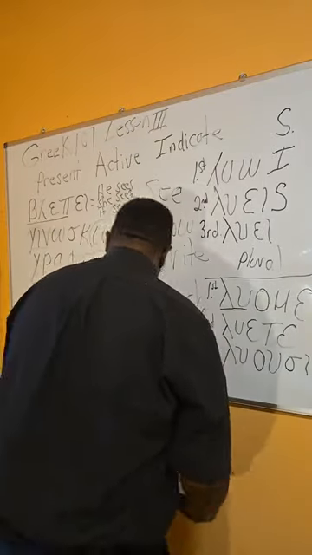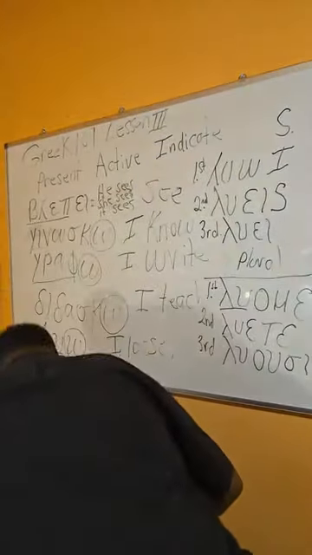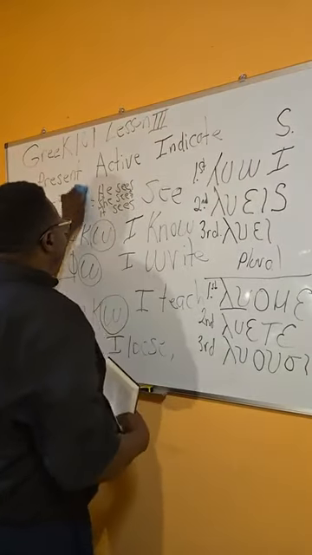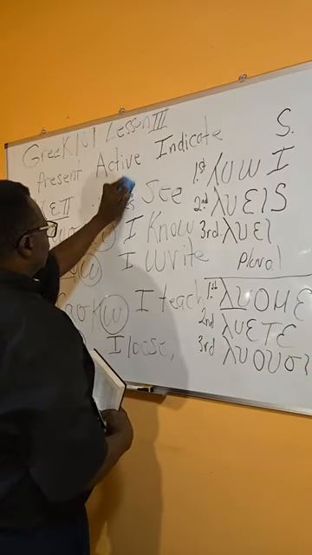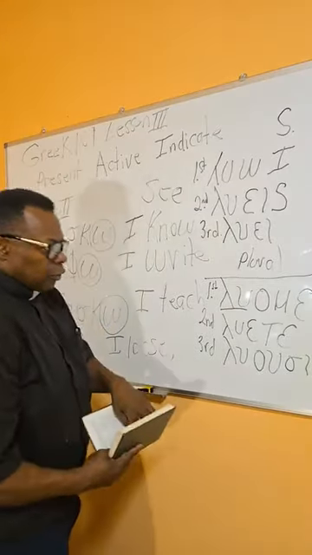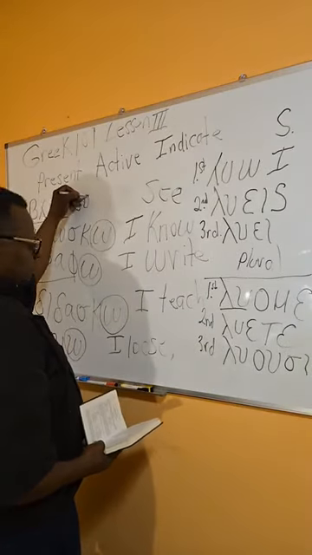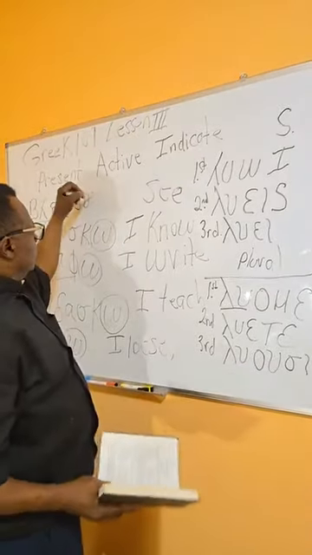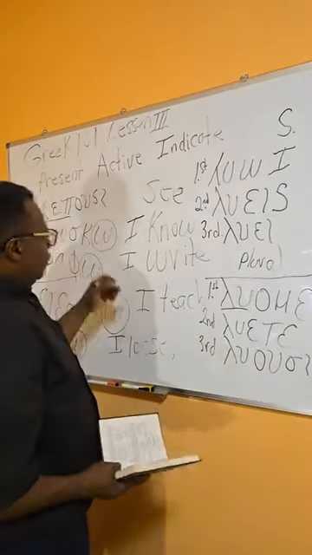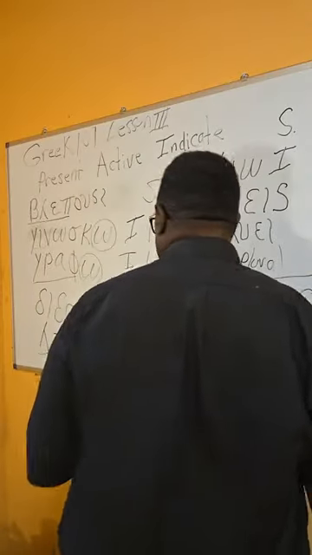Now, if I want to say they see, how do I write that? Well, we come down here to the plural now. This is how you do it. Third person plural says luousi. So I say blepousi. Blepousi means they see. They see. Okay?